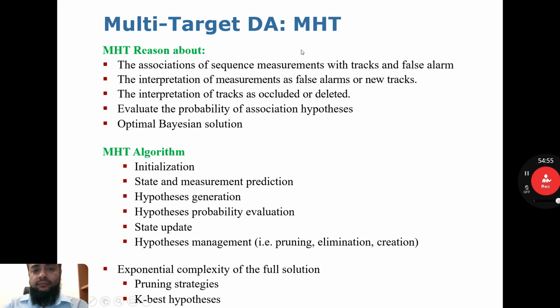In this part of the lecture, we just study how the multiple hypotheses are created. MHT reasons about the association of a sequence of measurements with tracks and false alarms. It associates the sequence of measurements with tracks. It interprets the measurements as false alarms or new tracks.